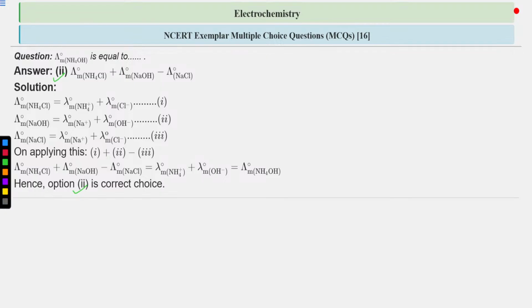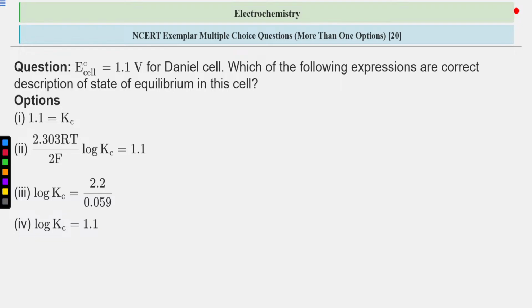Okay, let's move on to our next question. Now this is an NCERT Exemplar multiple choice question which can have more than one correct option, marked as question number 20 in our NCERT Exemplar. The question is that E naught of cell equals 1.1 volt for the Daniell cell.